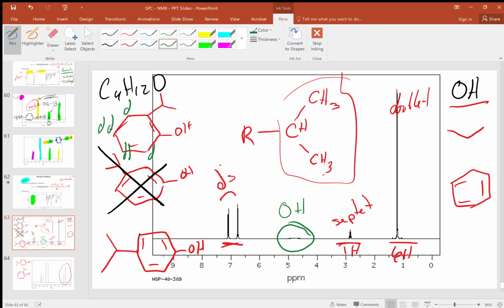What I was saying previously would have been true if these 2 groups had been the same. Because they're not, these 2 hydrogens are not the same, and we get 4 different hydrogens. So because of that, and the fact that we only have 2 peaks here, we know that this cannot be the correct structure.